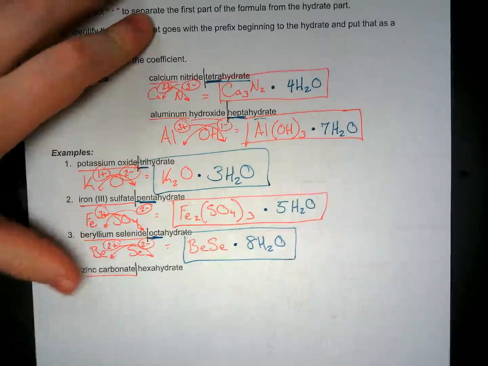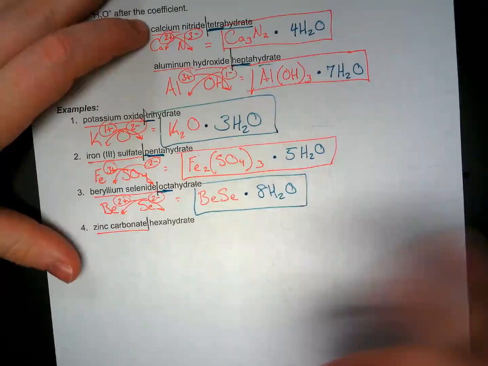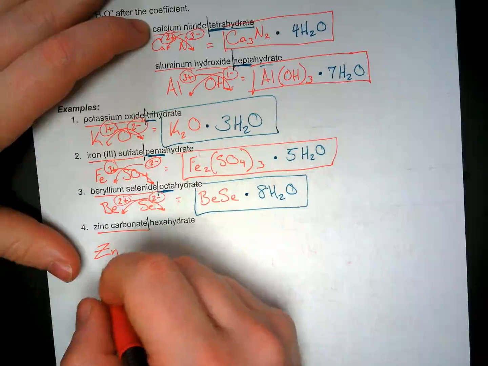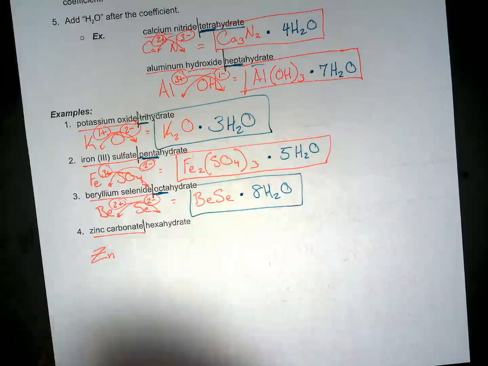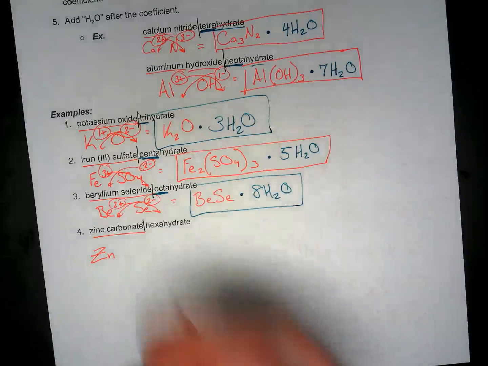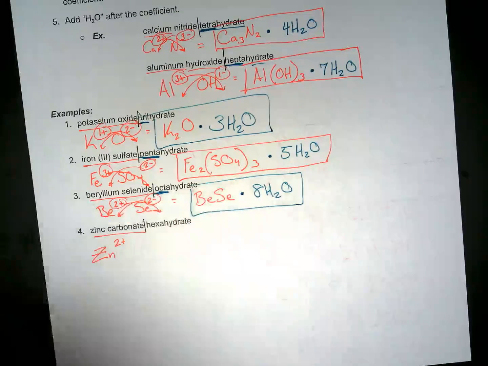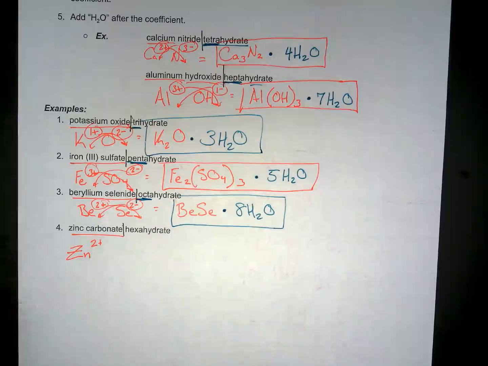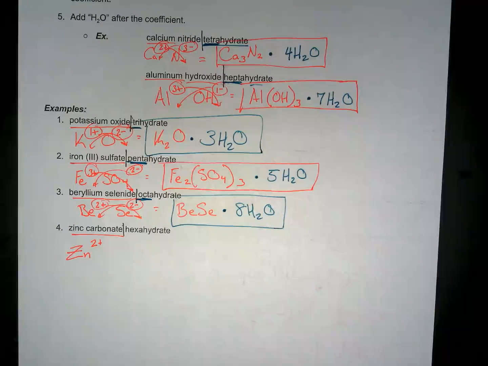Boom. And then lastly, zinc carbonate. So zinc is going to be Zn. Now zinc is going to be that weird guy because he is the exception, even though it is technically part of the transition metal list. It only has one. It only forms one particular ion, and it's 2 plus.